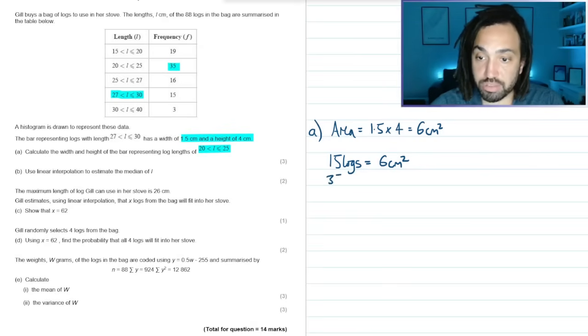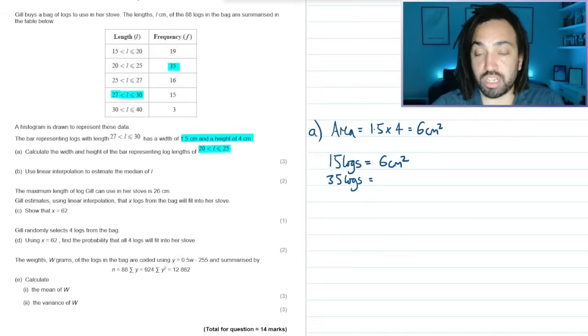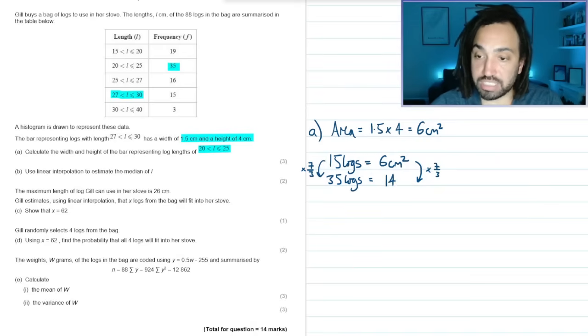So I can scale this up to find what that area should be. So I would just divide this one by 3 and then times it by 7. So it's going to be 7 over 3 as what I'm going to multiply by. So I'm going to do the same over here, multiply by 7 over 3. That gives me 14 centimeters squared.